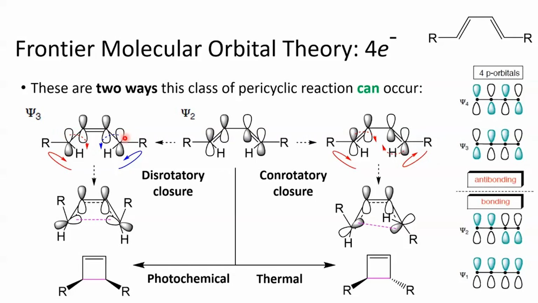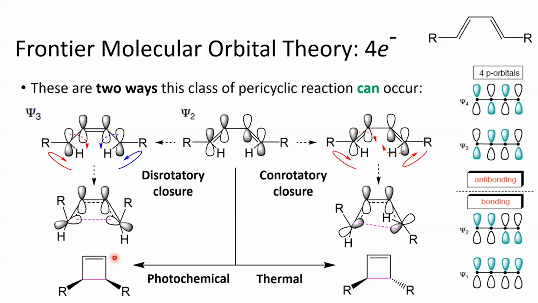And that can only occur with disrotatory closure. So this phase bends in this direction, this phase bends in this direction, until ultimately we get this alignment of the two phases of the outermost p orbitals, and that gives us our brand new bond shown in pink.